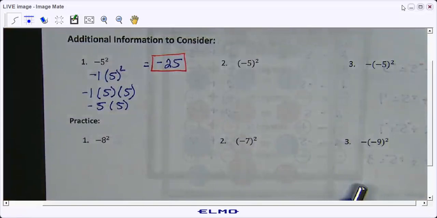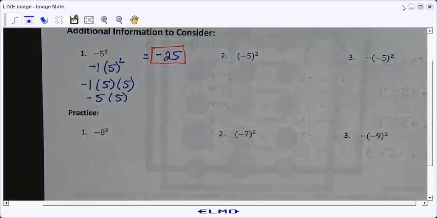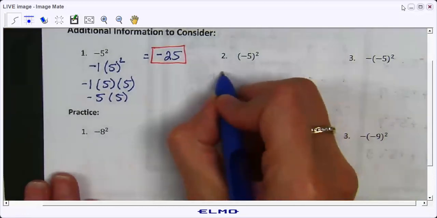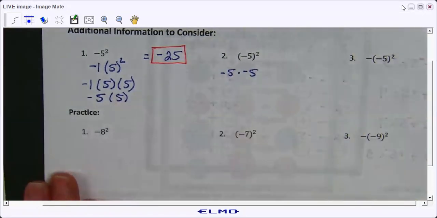Now, what about the next one? Now my negative is inside the parenthesis with the 5, so that's telling me I have to square -5 times -5. Okay, so this one is different. This one is just regular -5 times -5. Why is that other one different?